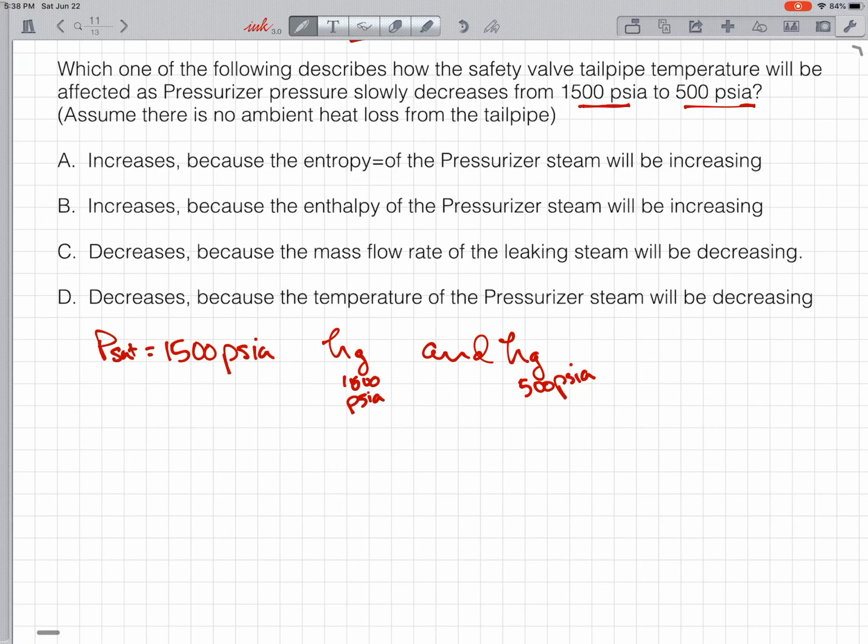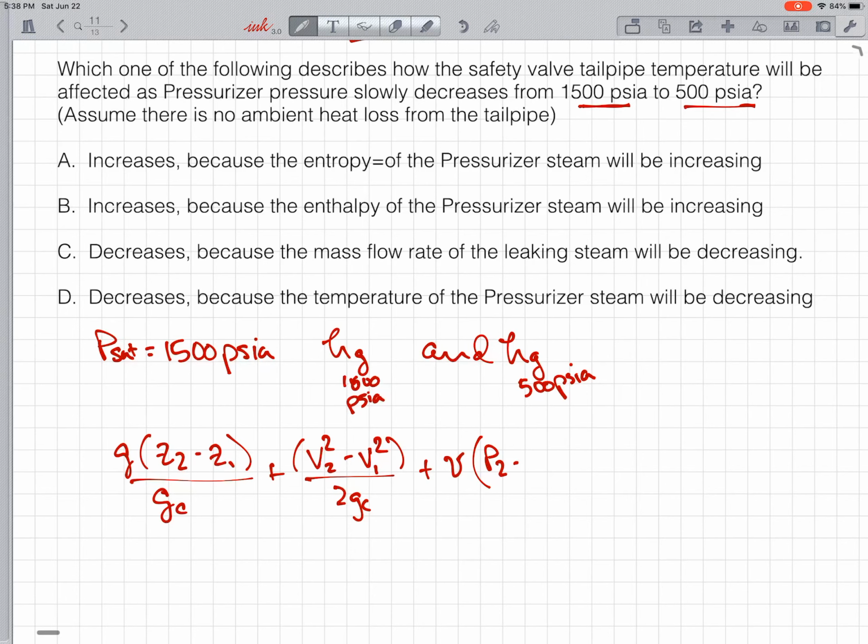There's going to be the general energy equation, and it's going to be this: g(Z2 minus Z1) over g sub c, plus (V2 squared minus V1 squared) over 2 g sub c, plus specific volume times (P2 minus P1), plus (U2 minus U1), and then plus Q minus W. So you're given that equation.